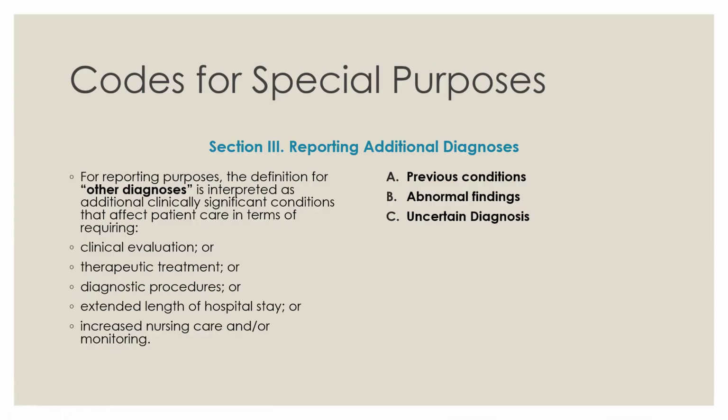The UHDDS item number 11B defines other diagnoses as all conditions that coexist at the time of admission, that develop subsequently, or that affect the treatment received and/or the length of stay.